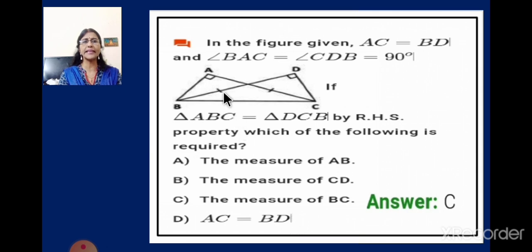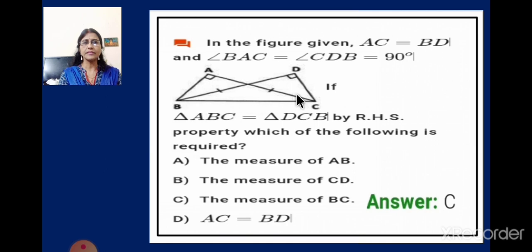Now here you can see these two, you have to prove that they are congruent by RHS property. So here you can see this angle is 90 degree, this angle is 90 degree. And one of the perpendicular sides of this triangle is equal to the perpendicular side of the other right angle triangle.